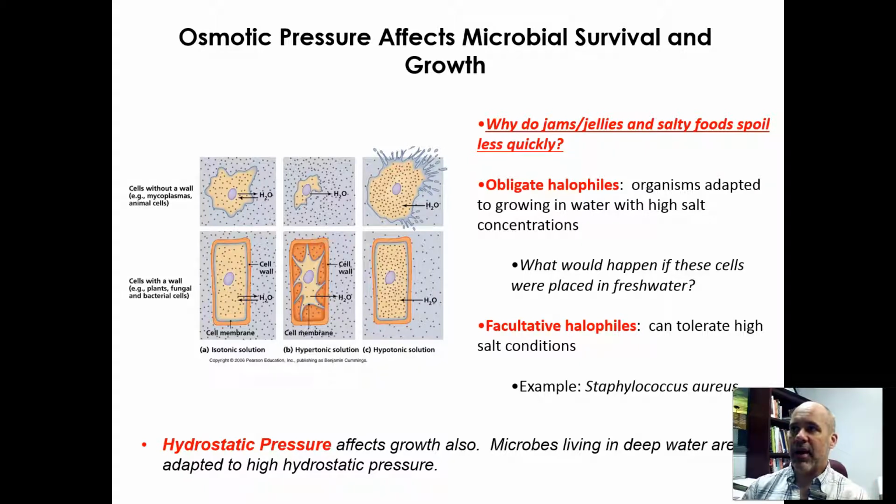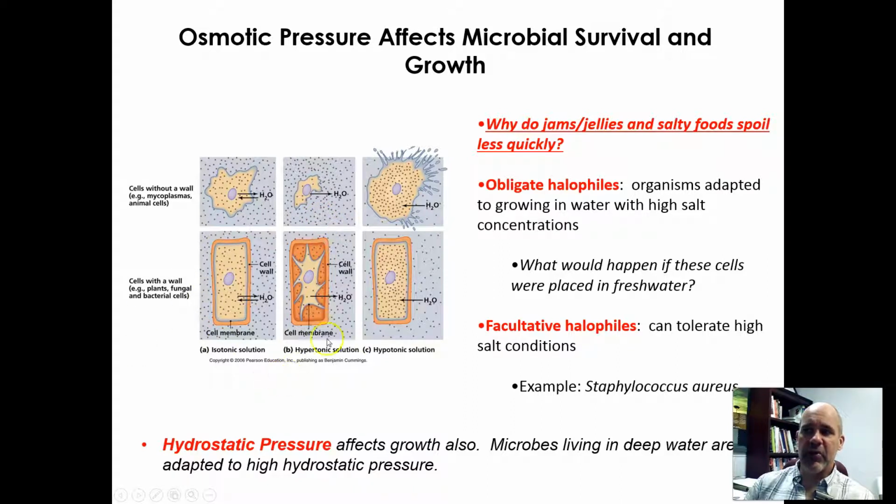If you are an organism that's adapted to growing and thriving in very, very salty fluids, then a fluid that might be hypertonic for us would wind up being isotonic for them. So those terms are relative to your intracellular fluids and what you're adapted to.